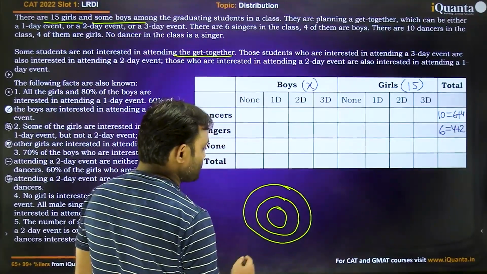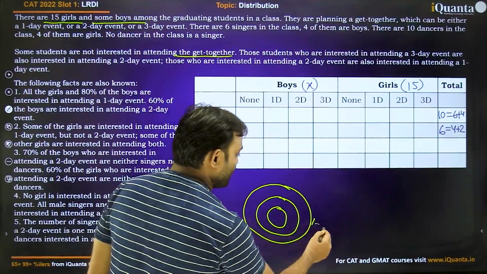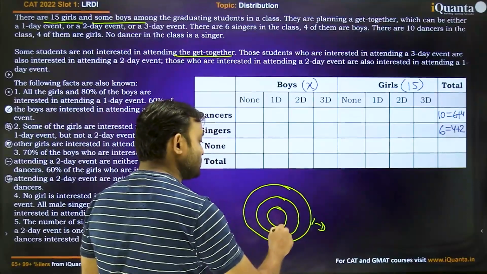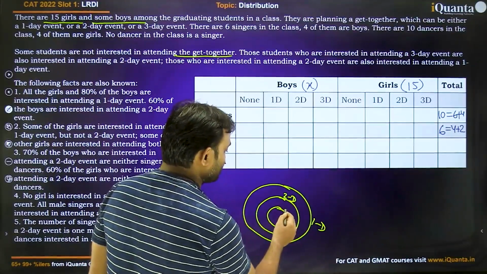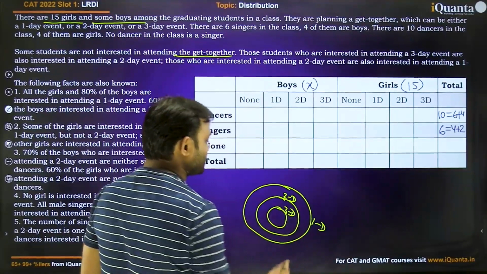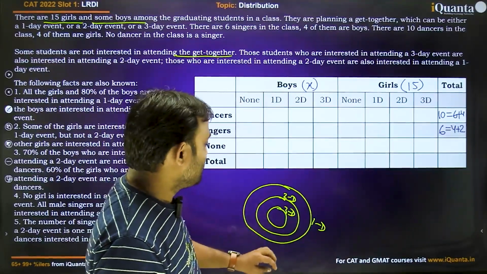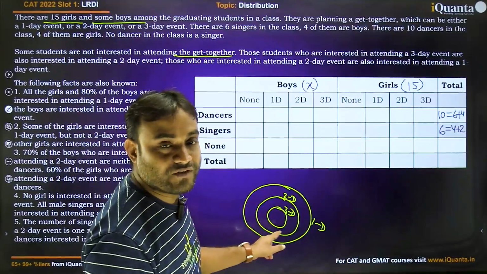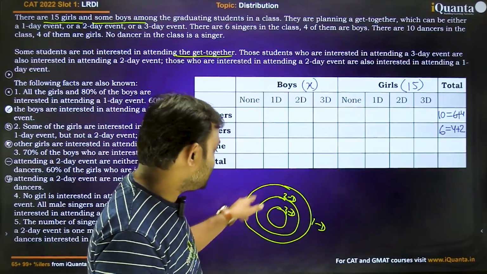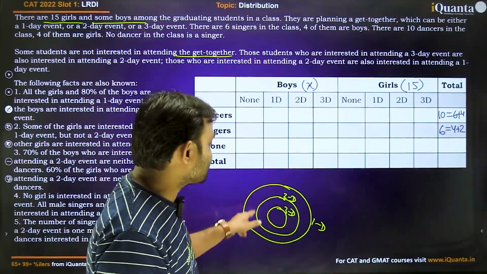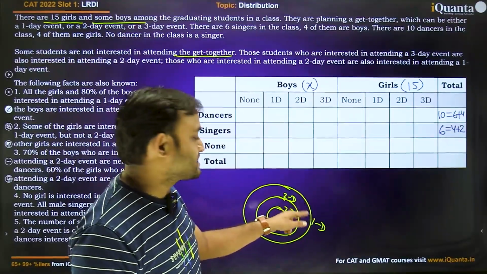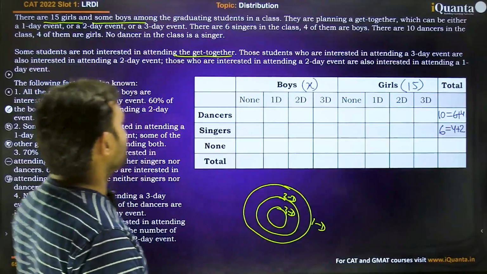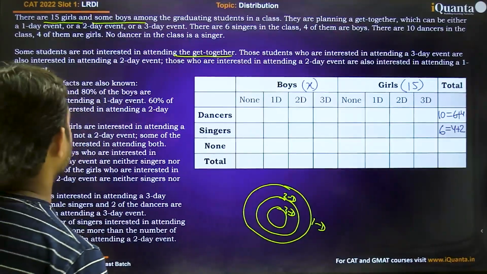Number of students who are interested in attending 1-day event has also those students who are interested in attending 2-day event and 3-day event. So 3-day event students are a subset of 2-day event students, and these 2-day event students are a subset of students who are interested in 1-day event. I hope that part is clear now.